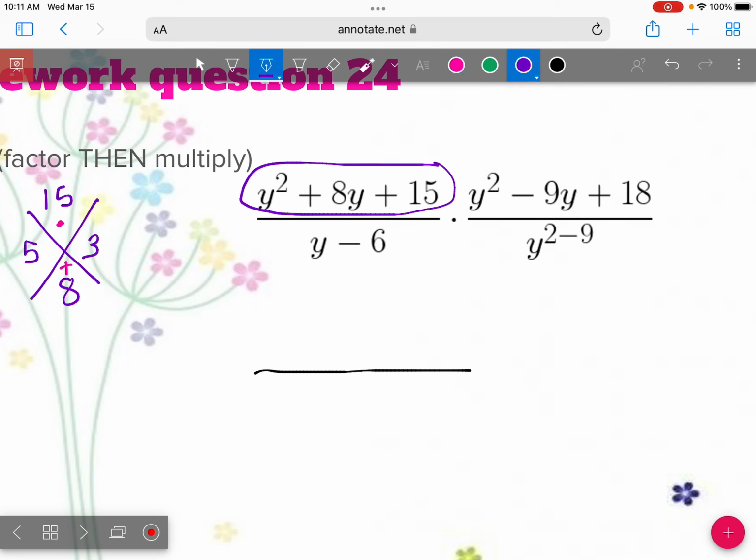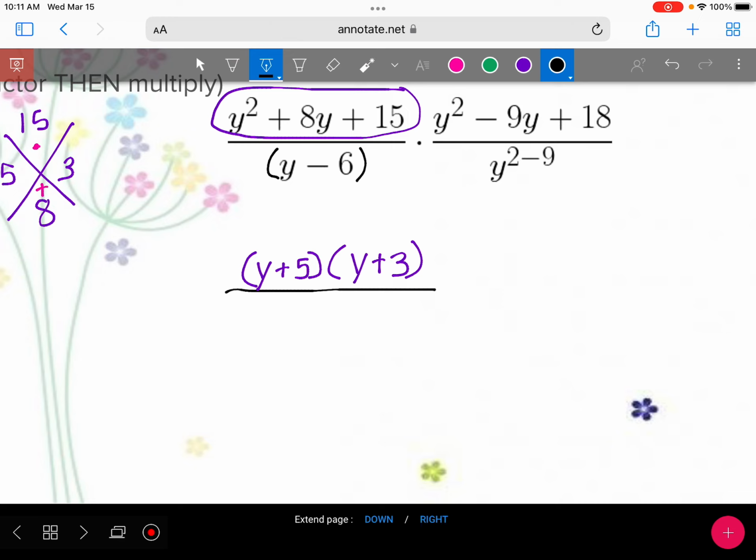Since our A value is 1, we don't need to use the box, so we can just put in y plus 5 and y plus 3. My denominator doesn't have a y squared, so we're just going to bring that down. Y minus 6. I'm going to put it in parentheses so it matches all the other pieces.